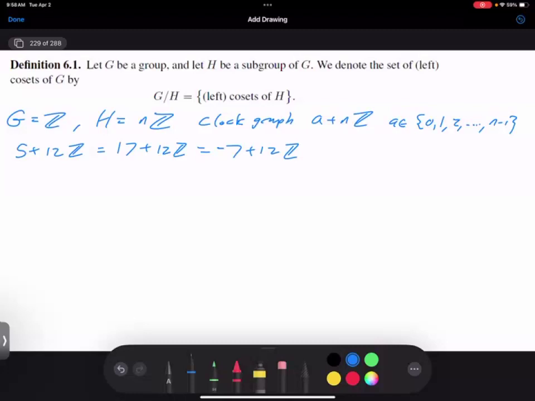So there are actually infinitely many different ways of writing the same coset. We want to be careful, because it would be terrible if, when we do calculations, it mattered which way we write something. So if I give you a plus nZ and b plus nZ, how should we define the sum of a plus nZ and b plus nZ?